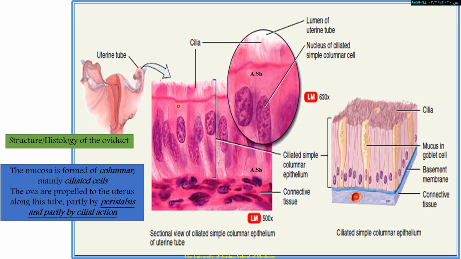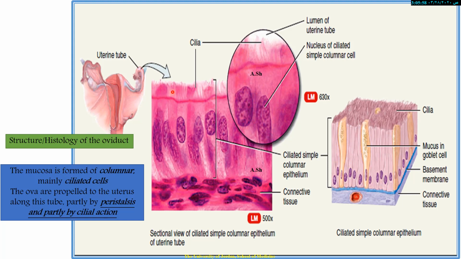Now, if you take a cross-section inside the uterine tube, you will of course see that the uterine tube has simple columnar ciliated epithelium. These are the cilia, and I'm sure that in histology they talked about this.